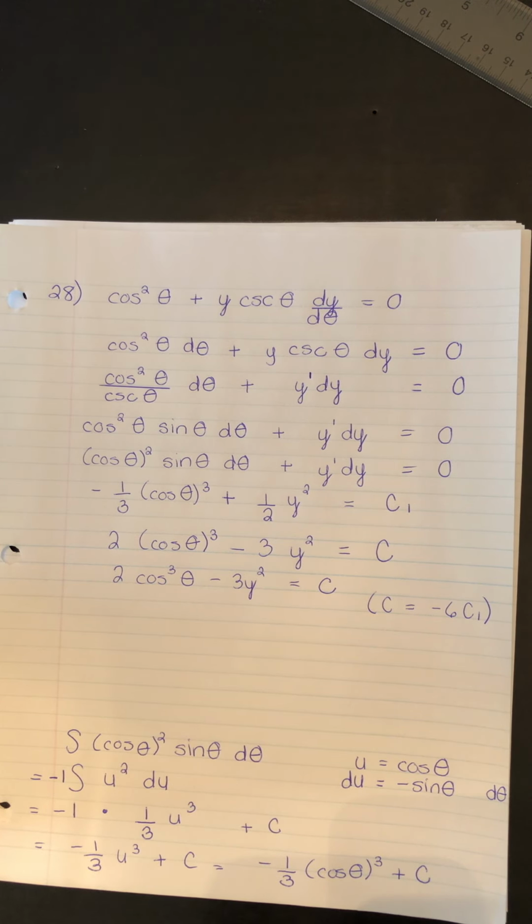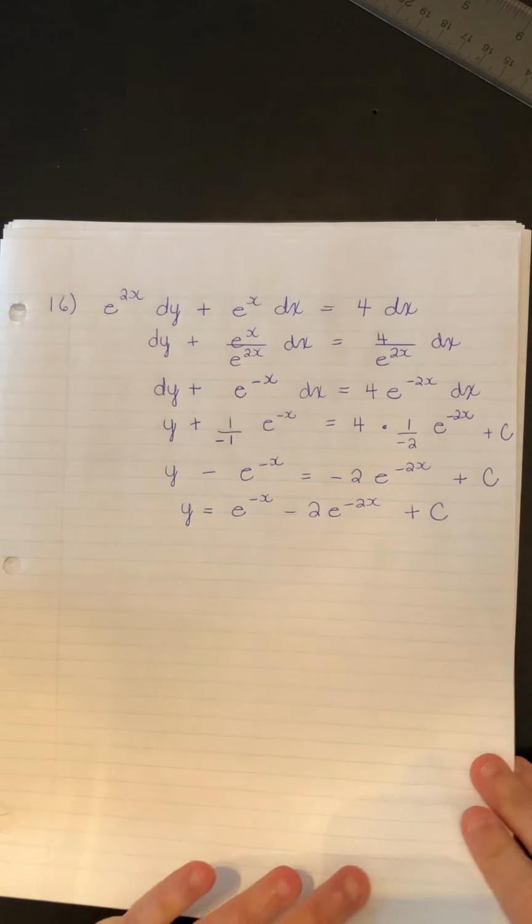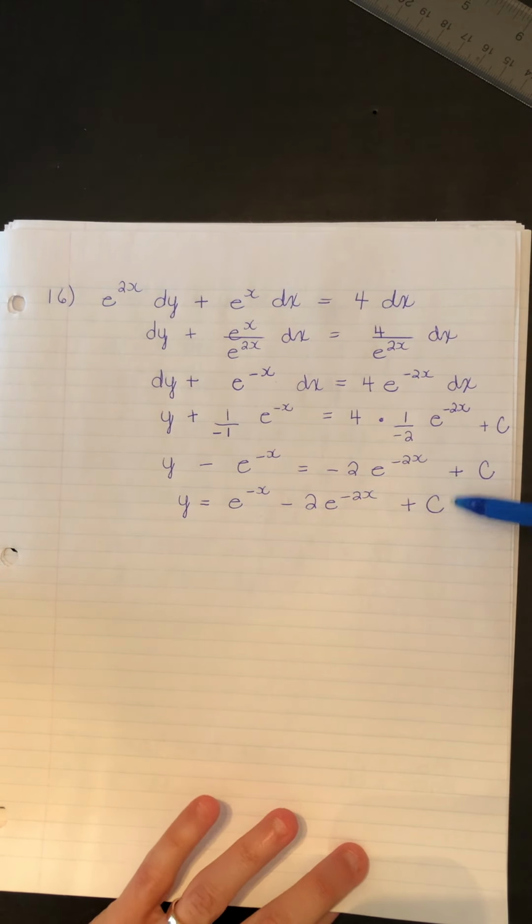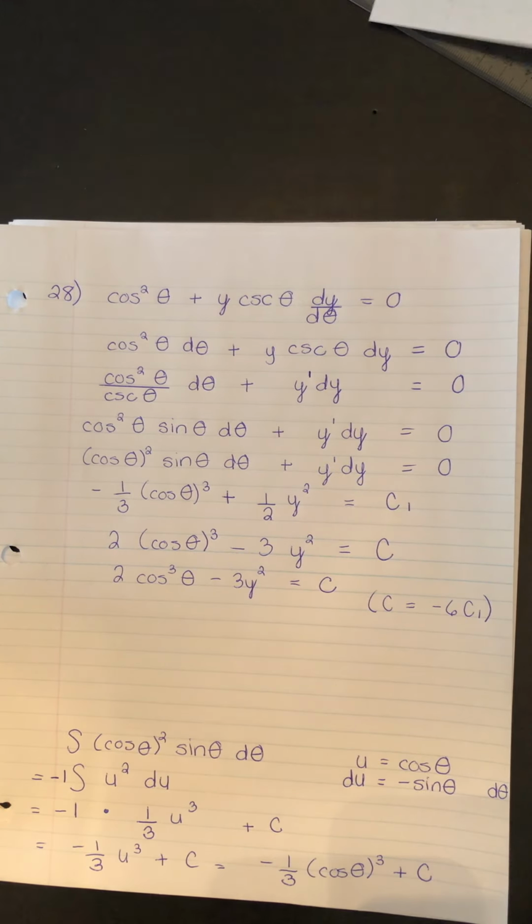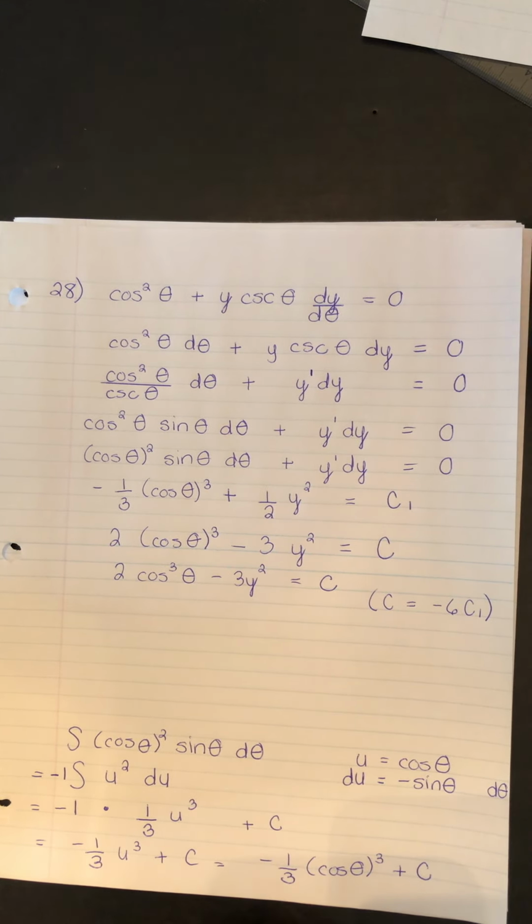In the next video, we are going to look at how you can find a particular solution. These solutions we've been finding are called general solutions because they involve the unknown constant C, right? All of the questions we've been doing involve this unspecified constant C. So these are called general solutions. And in the next video, we're going to look at how can you find a particular solution?